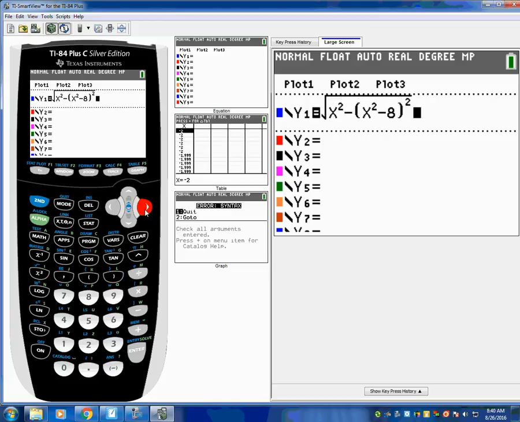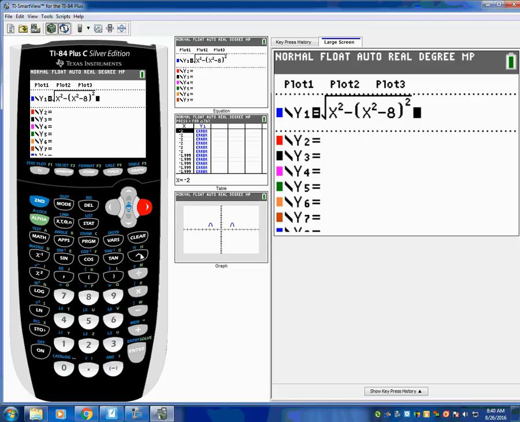That's what it looks like in math type. You're going to have to use lots of parentheses in classic mode. So type that in, then we're going to graph it, and find the minimum of it using our minimum function.